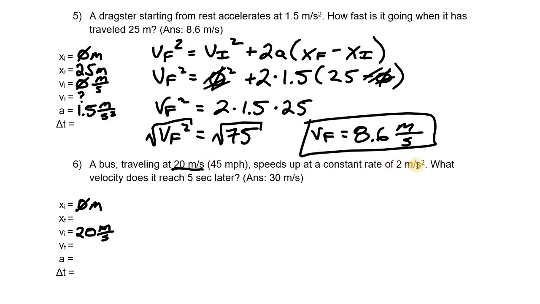And what is this 2 meters per second squared telling us? Well, if it's meters per second squared, that's a good indicator that that's the acceleration. Okay, oh, we have 5 seconds here. Simple enough. What is that telling us? That's the time, the time elapsed.